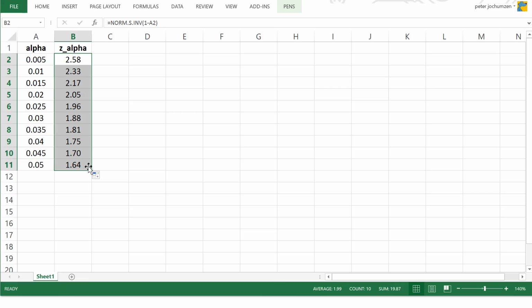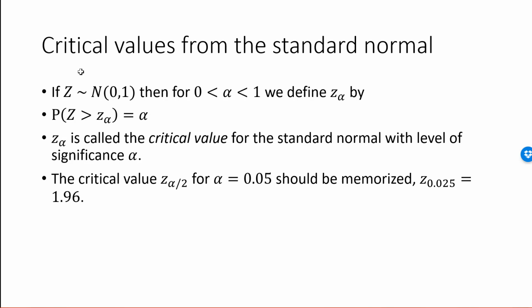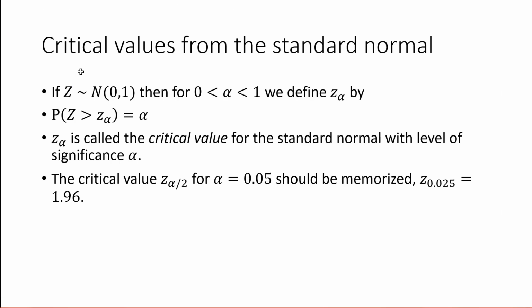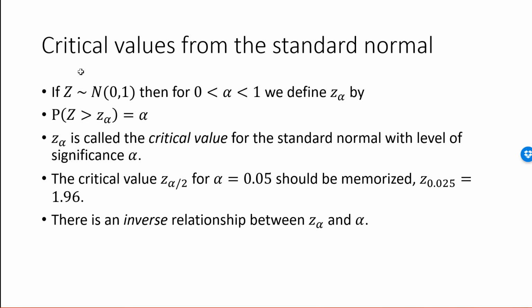So for example, we have 1.96 there and 1.64 here. This is probably the third most common critical value. And like we mentioned, and as you can see in this table, as alpha increases, the critical value will decrease. So there's this inverse relationship between z alpha and alpha. Z alpha depends negatively on alpha.